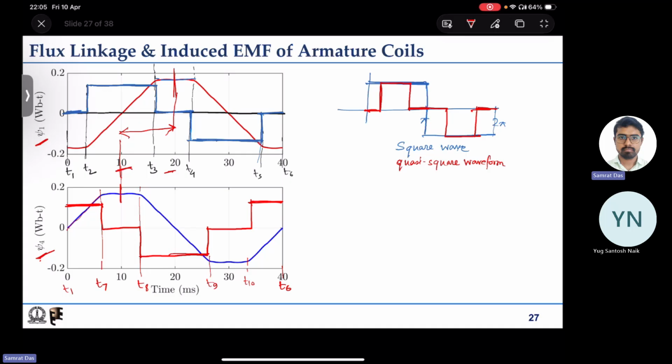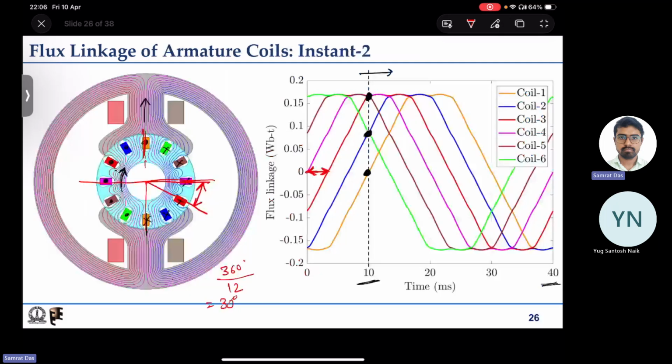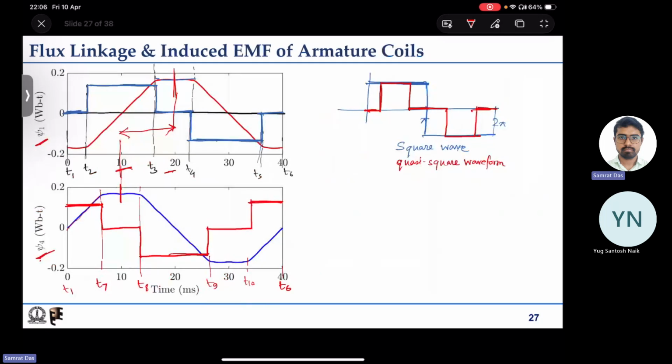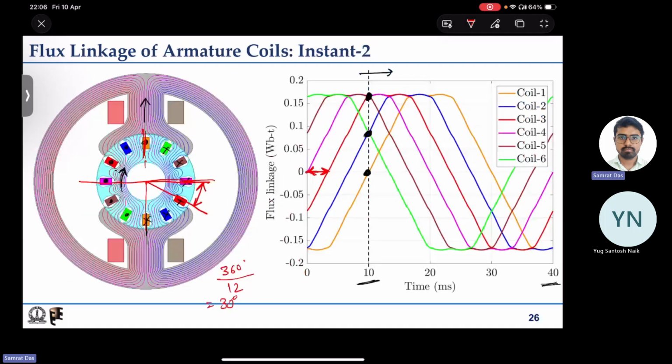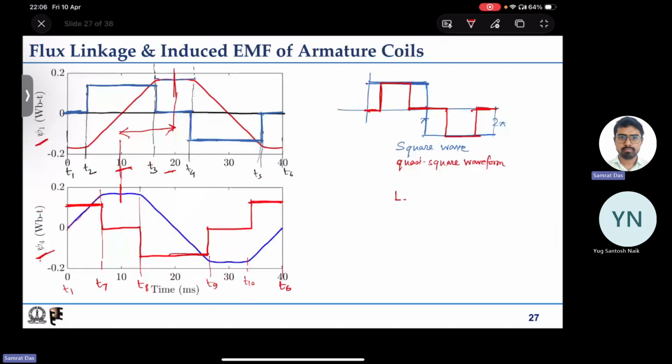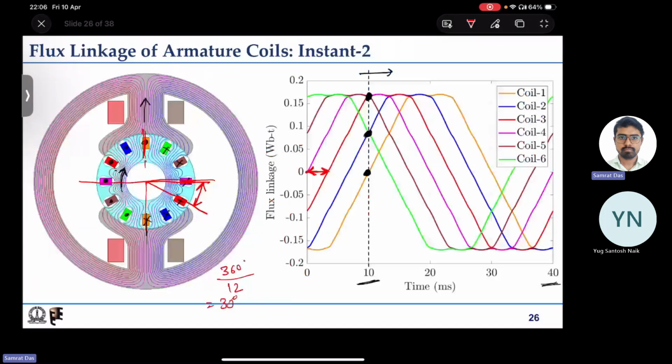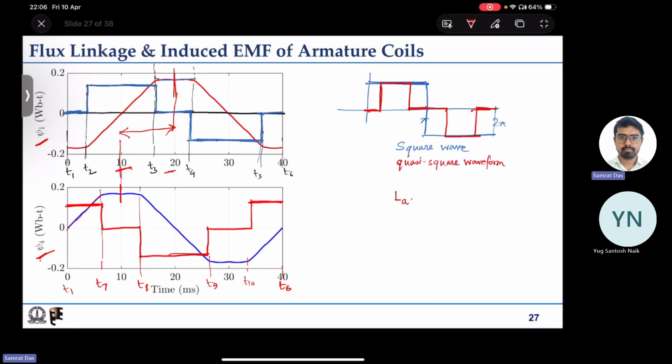So if you want to represent one single coil of the DC machine, you will want to represent all these coils separately. So if I pick out only this coil, say the pink coil, and you want to represent the dynamic equivalent circuit of that, it will have some resistance and inductance, say the pink one is coil 4, so R A4 and L A4.